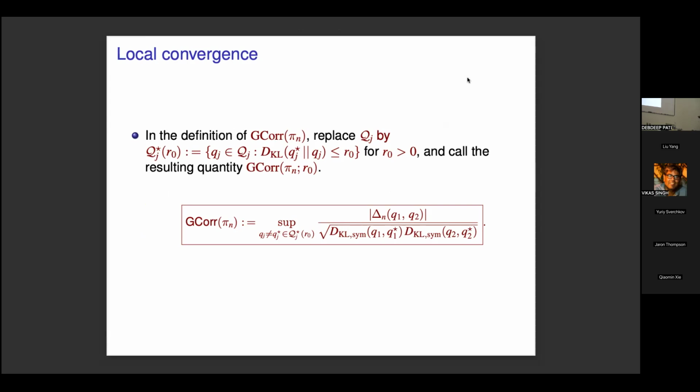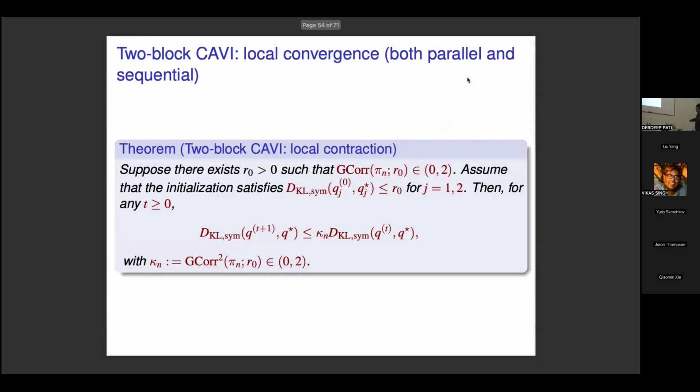So we still have the correlation quantity, and then we take the suprema over a certain neighborhood, which depends on R naught. And there is a typo here, it should be pi n R naught. So the local version of correlation comes here. And then you will have the exact same result as the global version, which is saying that if you initialize within this particular neighborhood, then you have a contraction.